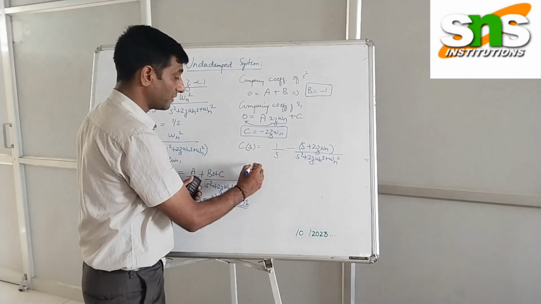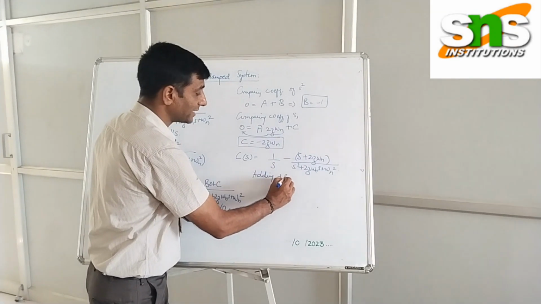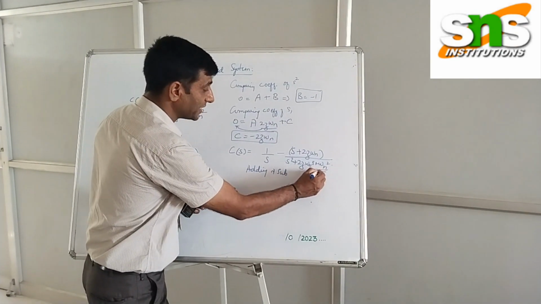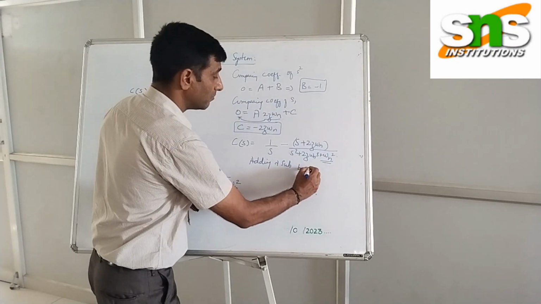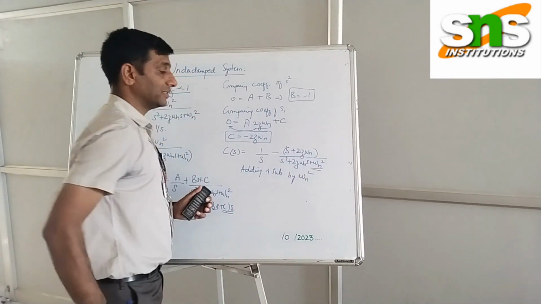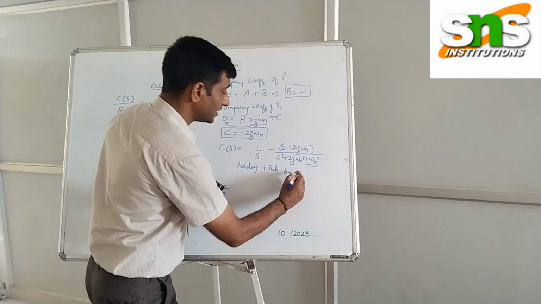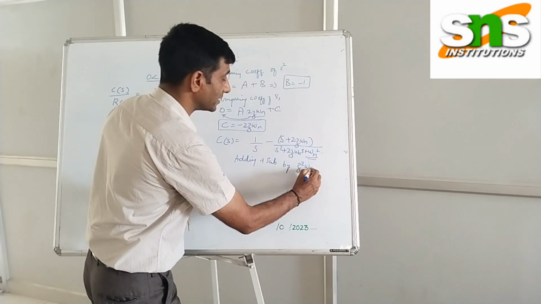First we add and subtract zeta squared omega n squared. Sorry, it is not omega n squared, it is zeta squared omega n squared.